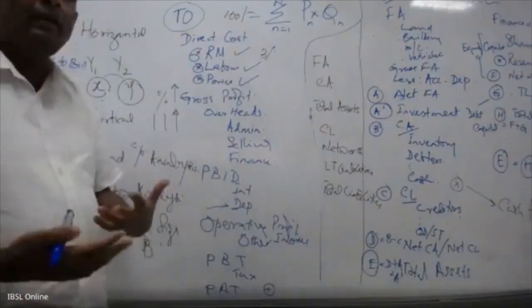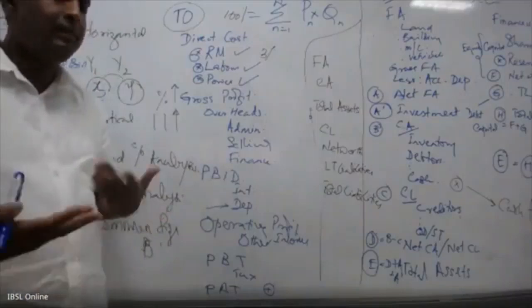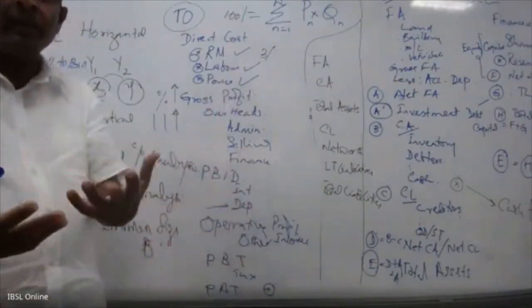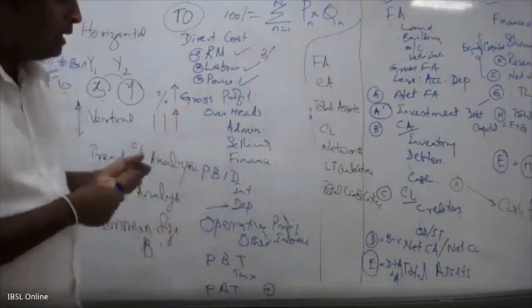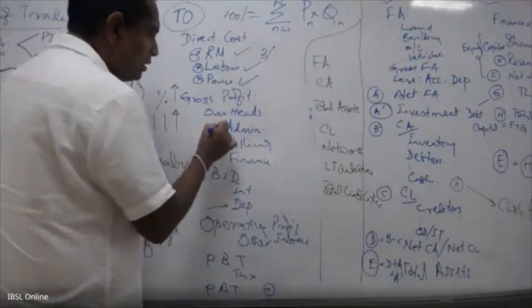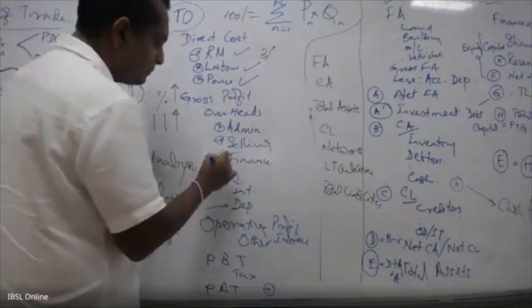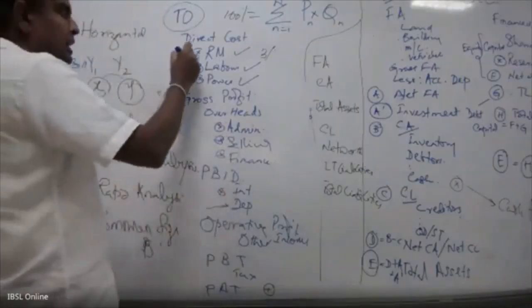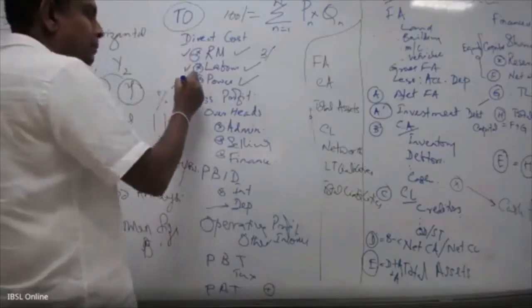But if my rent cost has increased, that is my problem, not the problem of everyone. So I can't pass any cost increase in these lines to customers, but these lines I can pass.